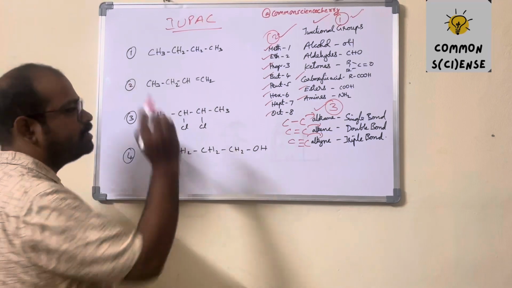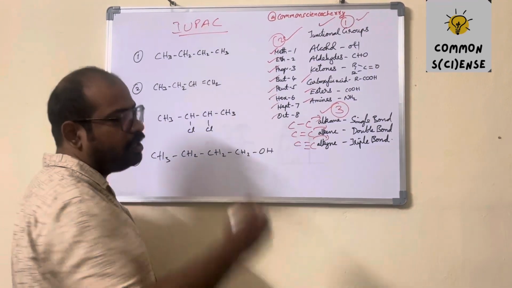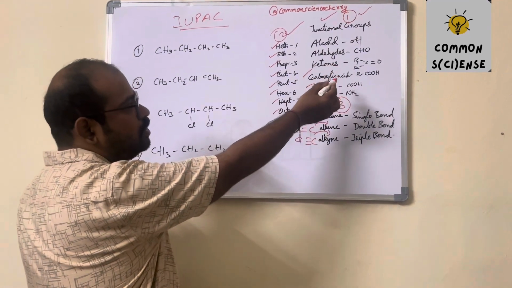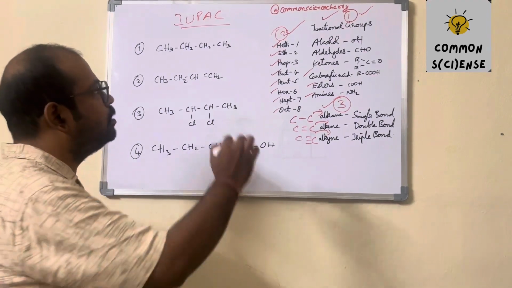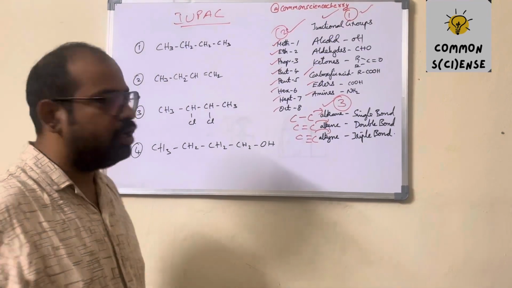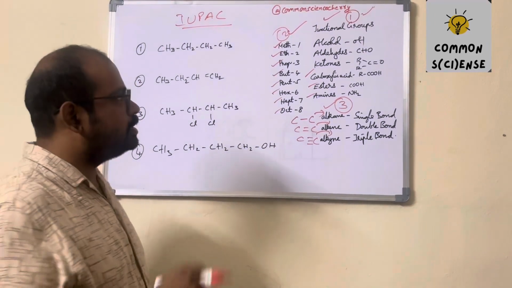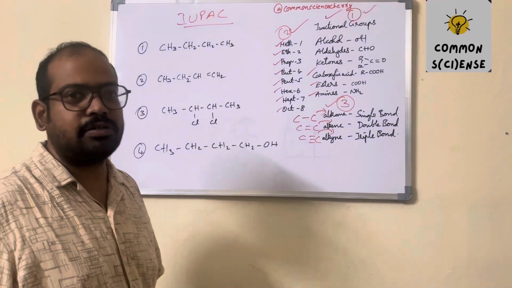Let us take the first example. The first step is to see if there is any functional group in this. The functional group should contain OH, CHO, COOH, or NH2. This formula should be there in that particular compound. If you see example 1, there is no functional group. The second step is to count how many carbons are existing in this compound.